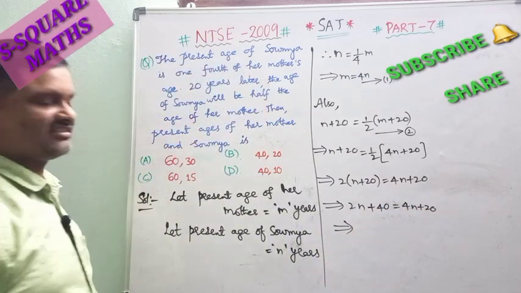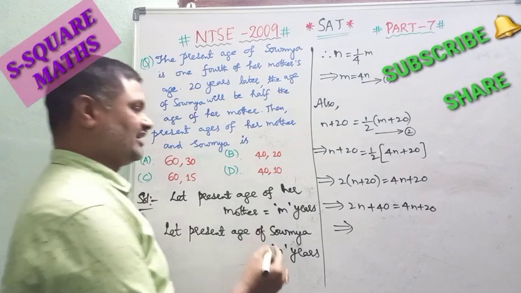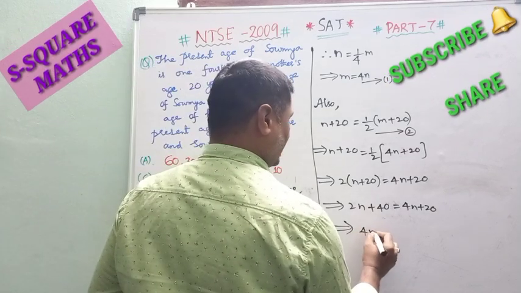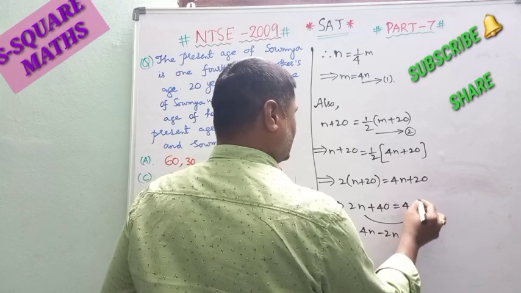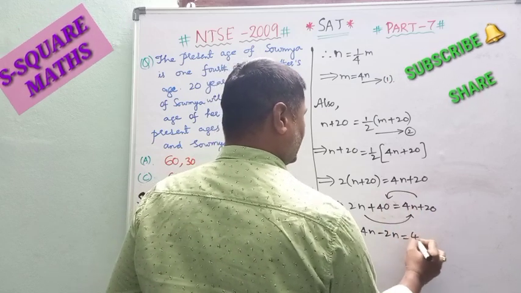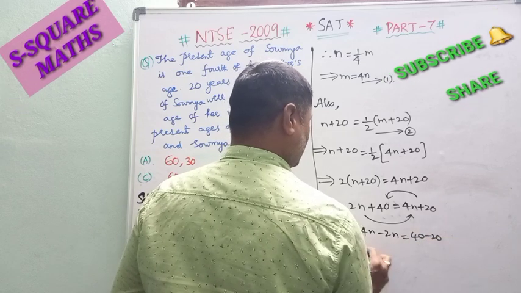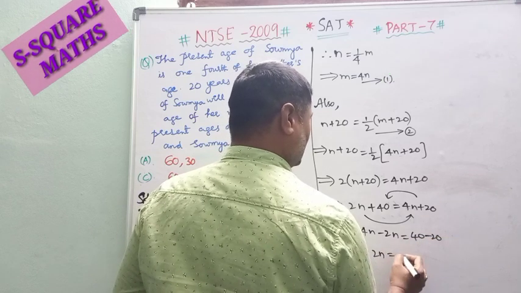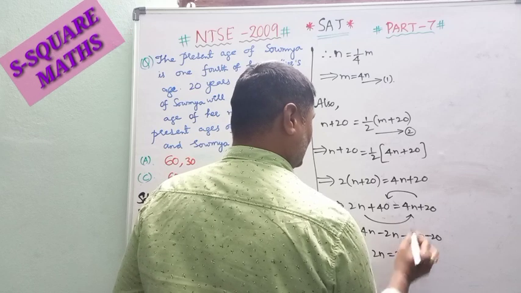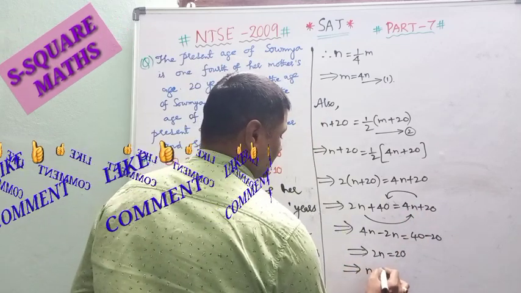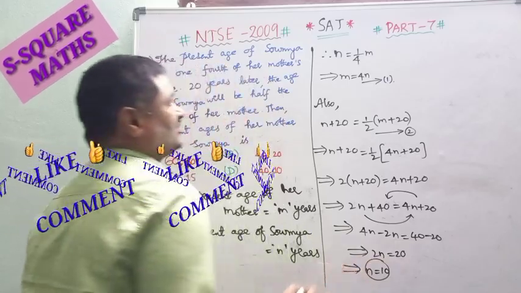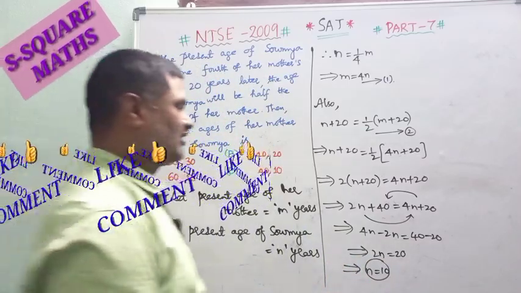This is a linear equation in the variable N. Solving, 4N minus 2N, taking this to this side, 40 minus 20, this implies 2N is equal to 20, so N is equal to 10. N is equal to 10, I got here.